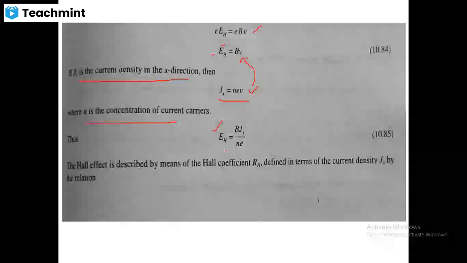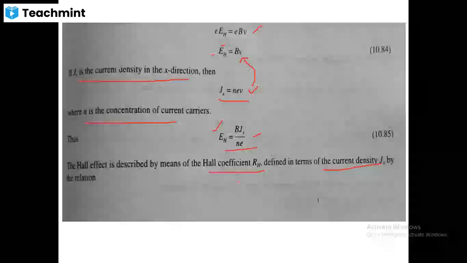So we got an expression for EH, the established electric field. EH equals BJx divided by Ne. Remember this, this is one expression. Then we say the Hall effect is described by means of a Hall coefficient RH, which is defined in terms of current density Jx.